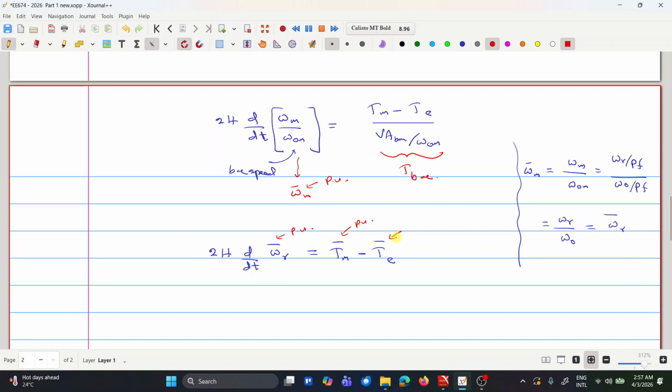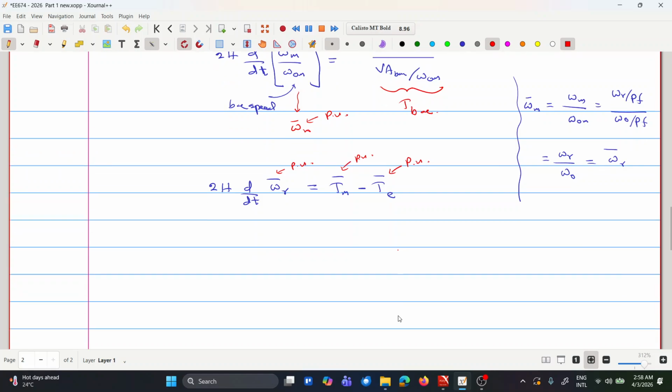The top bar indicates that they are in per unit. Okay, so now you have a relationship between the speed of the synchronous generator and the change in the applied load in terms of the torque, right?